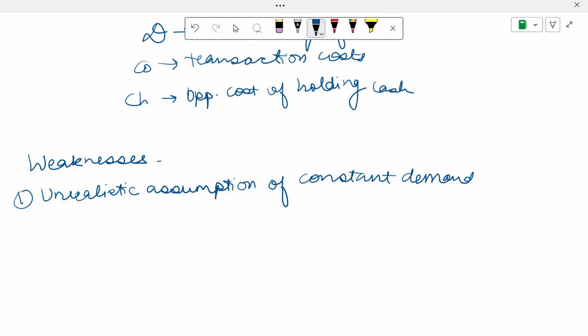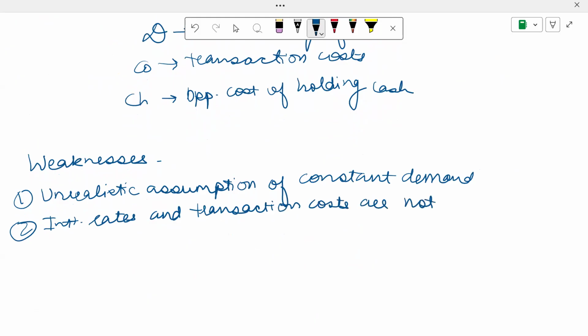Sometimes you need more cash, sometimes you need less cash, so the demand is not constant. Then another limitation is that interest rates and transaction costs are not constant in reality. They have assumed them to be constant, but in reality they are not. So this is one more weakness of this model.